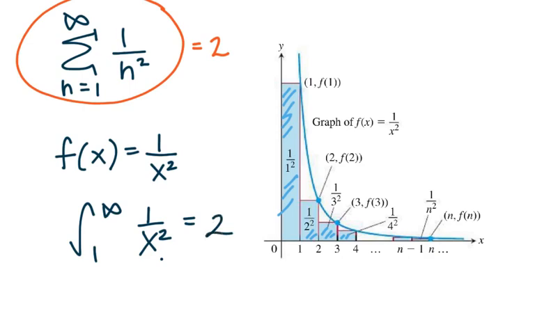And so what you see here, my curve, that is the function, and it is bounding completely above all of those sums. So if that function has a limit of 2 as we approach infinity, then the series of all of those terms added up is also going to converge to 2.